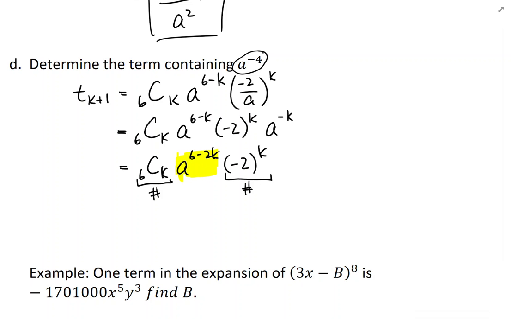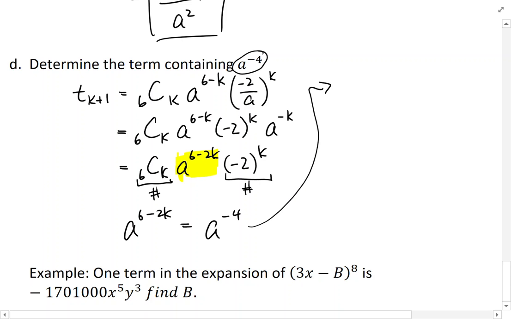Therefore, with that logic, we can simplify it down to an equation saying that a to the 6 minus 2k must equal a to the negative 4. Since we have the same base, we can just say that the exponents must equal each other. This is from our exponents chapter.